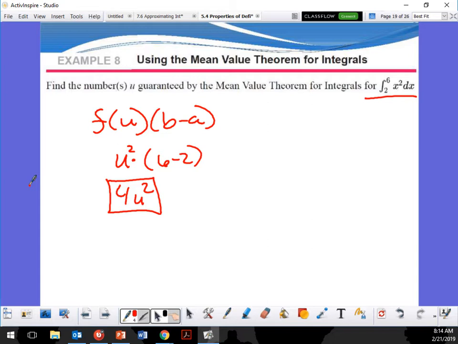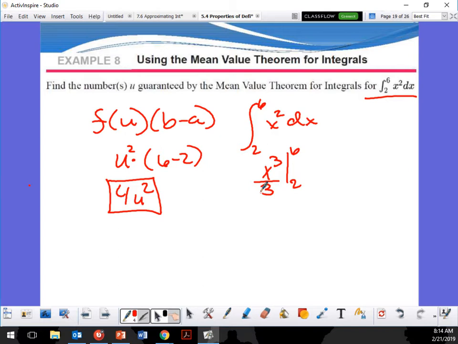So for the next piece, I'm going to do the integral part. We have the integral of 2 to 6 x squared dx. So I'm going to end up getting x cubed over 3 from 2 to 6, right?